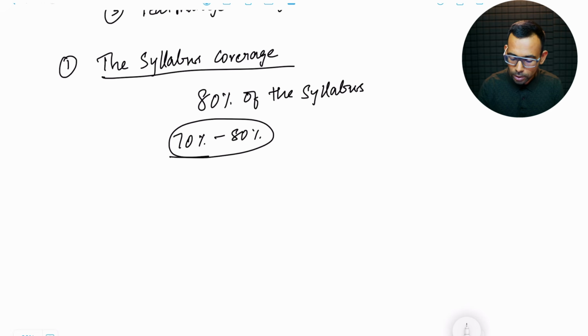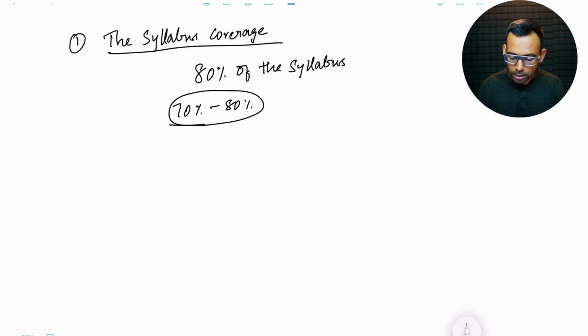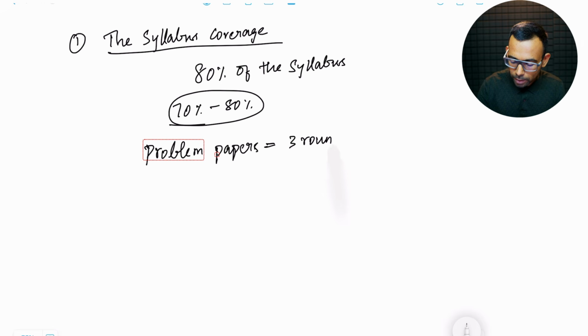After you have chosen the 80% of the syllabus, what should you do next? For this 80% of the syllabus, the problem papers like accounts, costing, financial management, AFM, you are supposed to have a minimum of 3 rounds of revision for these problem papers. This is the first step, minimum 3 rounds of revision.